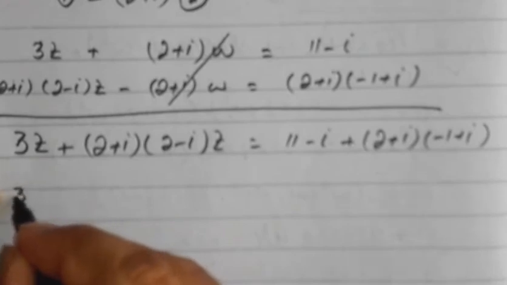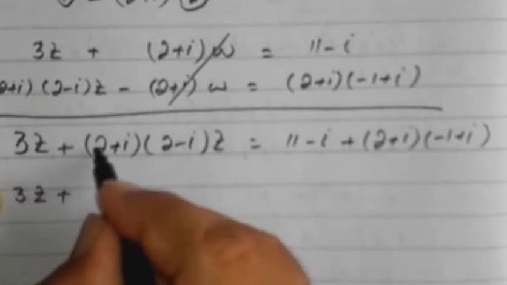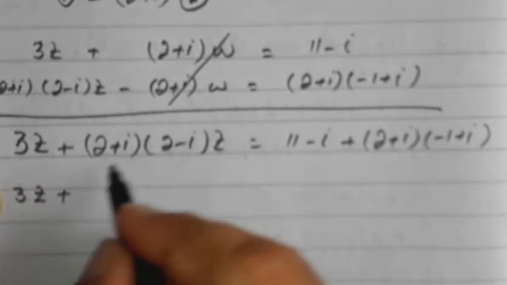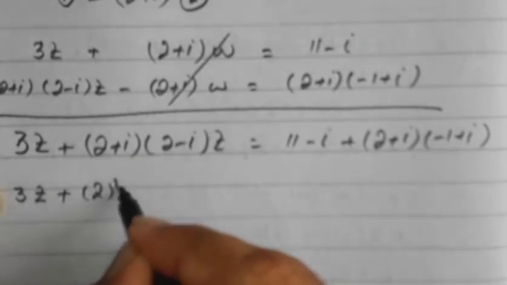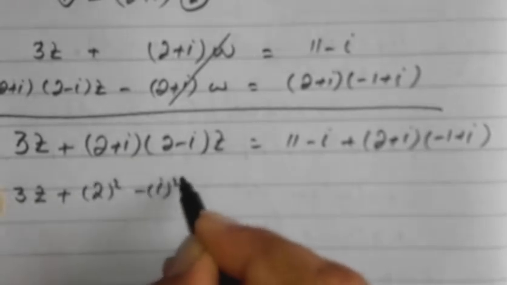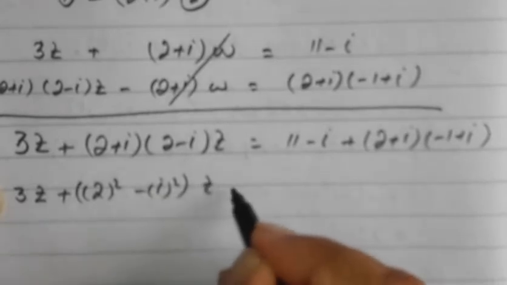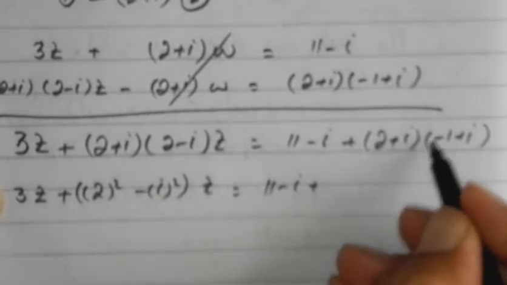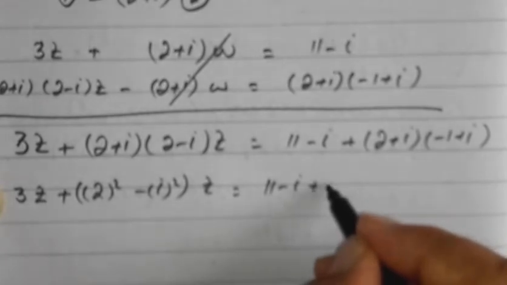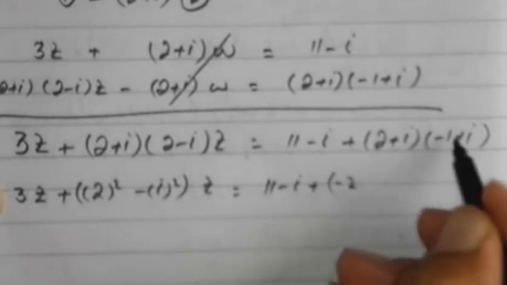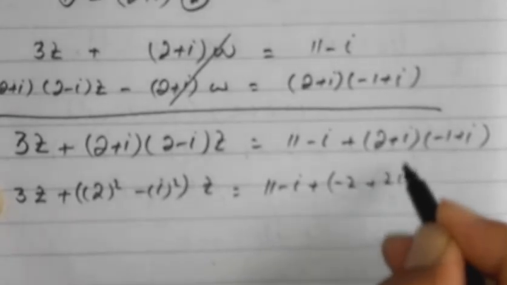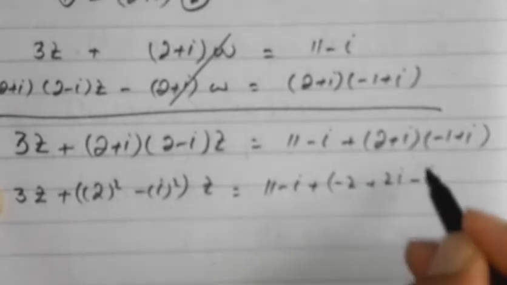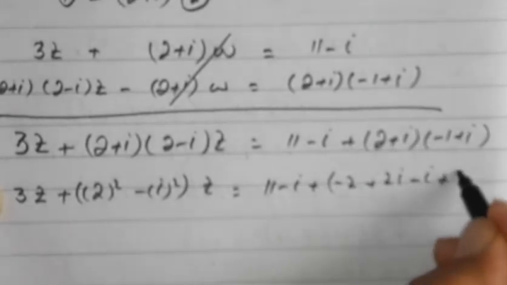So look here, 3z plus, this is (a + b)(a - b) form, so we can write it as (2² - i²)z, 11 - i, and multiply this 2 with -1, we get -2, 2 into i, 2i, i into -1, -i, and i into i, we get i².